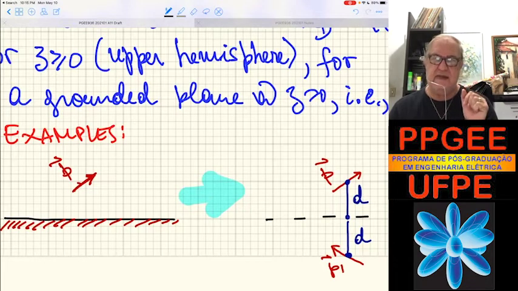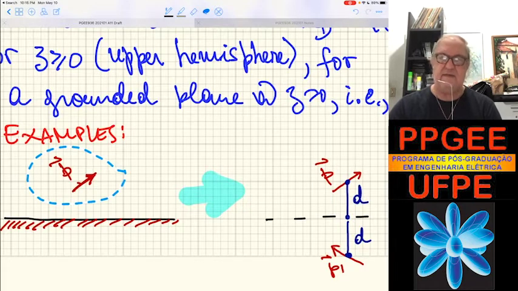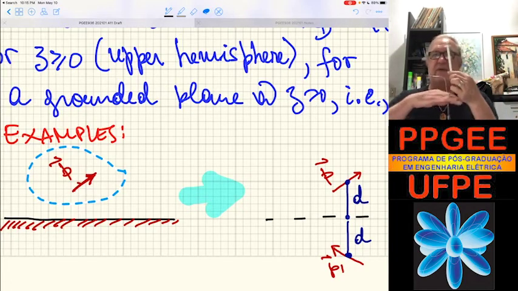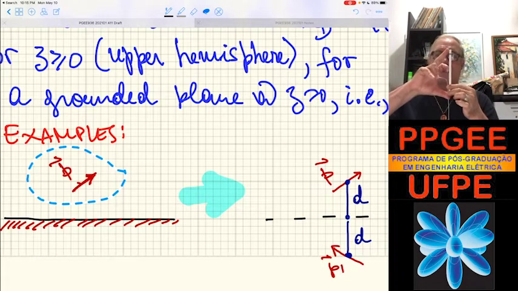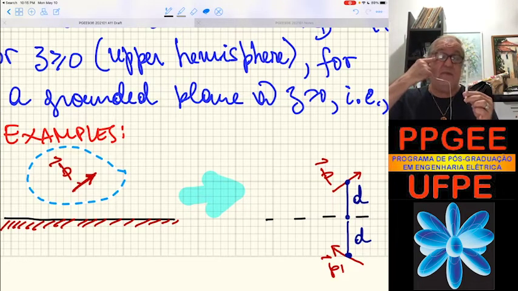For instance, this example here is interesting for antennas, right? An antenna is a simple dipole antenna, just a piece of wire on a grounded plane. It has a certain length. The amount of radiation depends on the relative size of the length to the wavelength of the radiation that you consider.